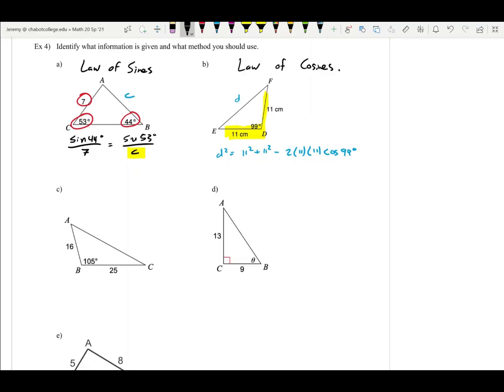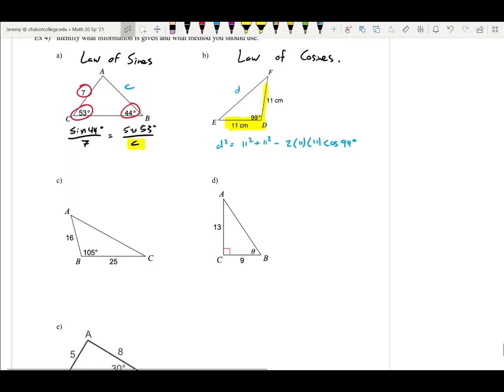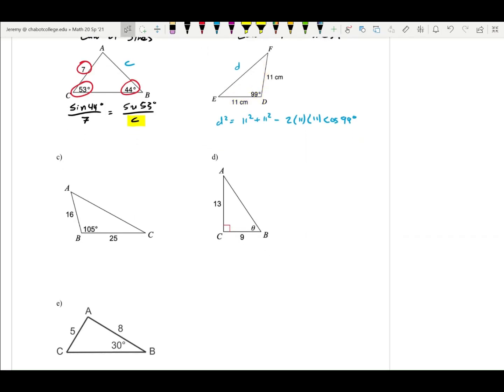You could try to apply law of sines and you would realize you don't have enough information to use law of sines. So either way, I think eventually you'd realize law of cosines is the way to go. But when I see that corner there, the side length and then the angle on the side length, I know law of cosines is going to work nicely.